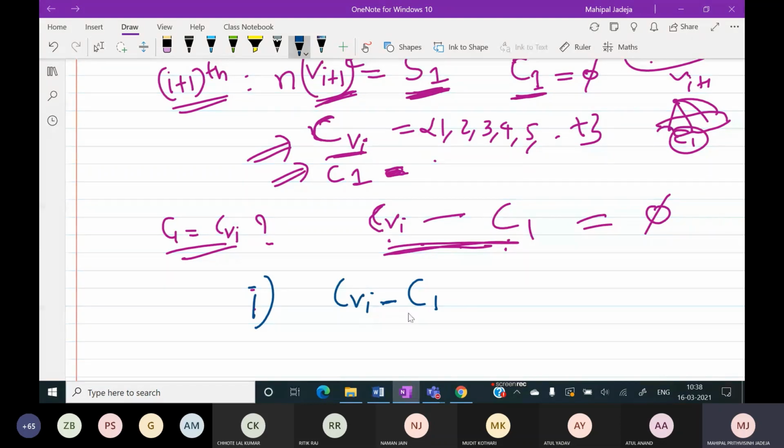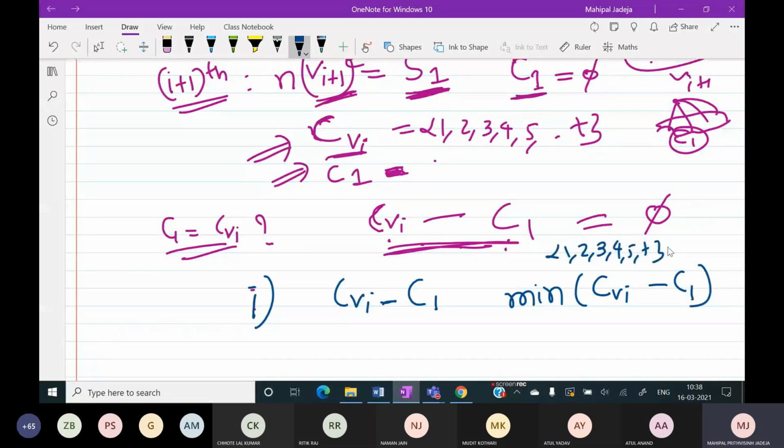So that means, let's say CVI has T colors and C1 has only 2 colors. After doing this set difference, we will get the set 3, 4, 5 up to T, and the minimum of this is nothing but 3. So we will assign color 3 to vertex Vi plus 1.